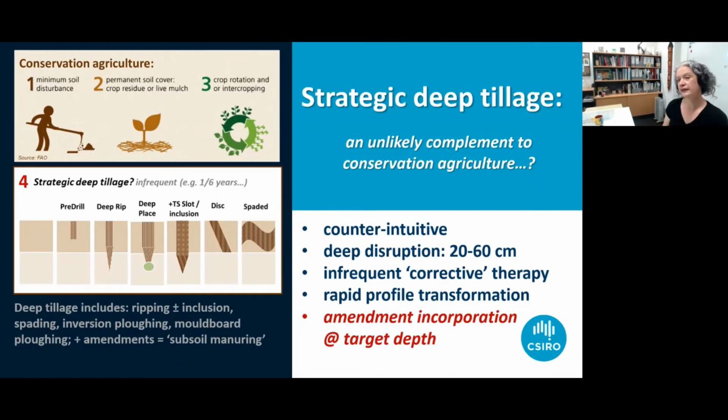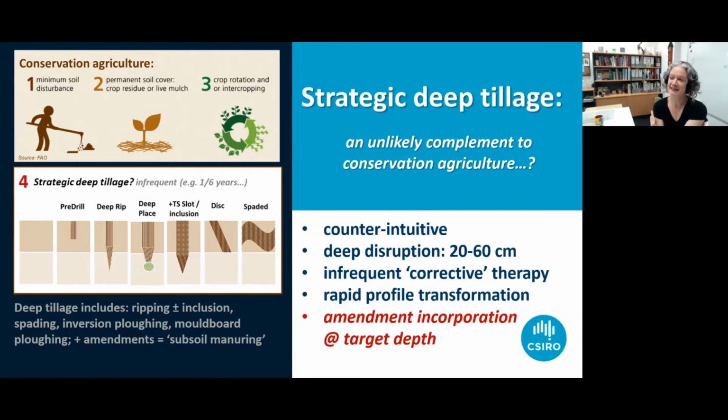So really in the southern region, in fact, across many parts of Australia, the adoption of conservation agricultural approaches has been very well taken up. These practices tend to look to minimise soil disturbance, increase permanent soil cover, and use rotation to improve the systems.